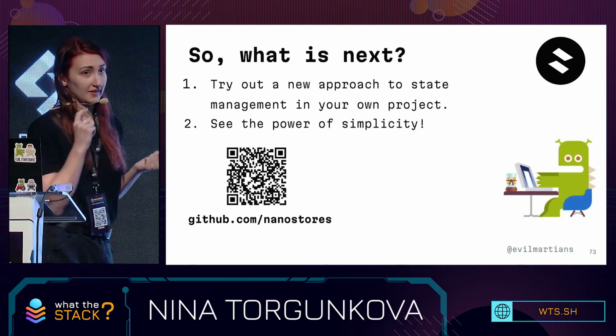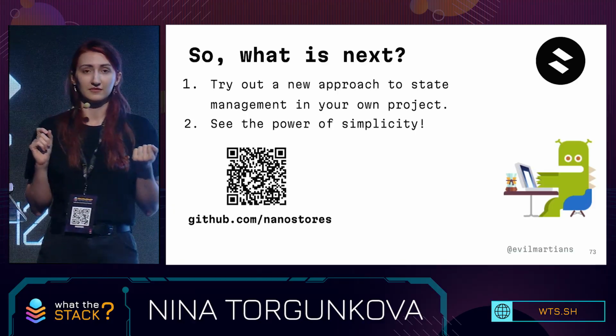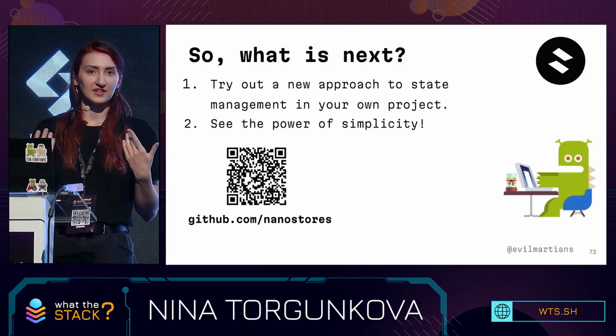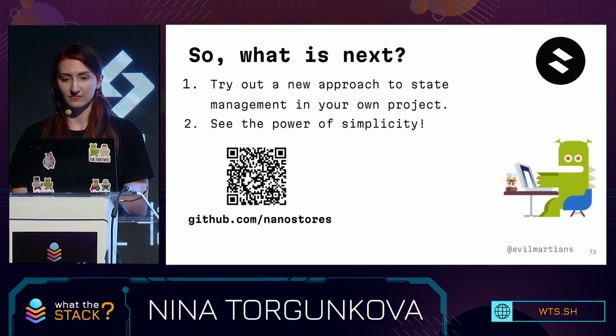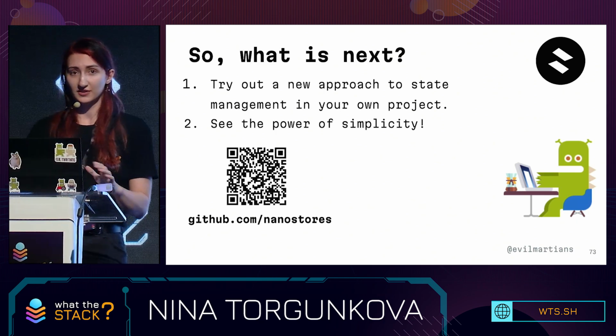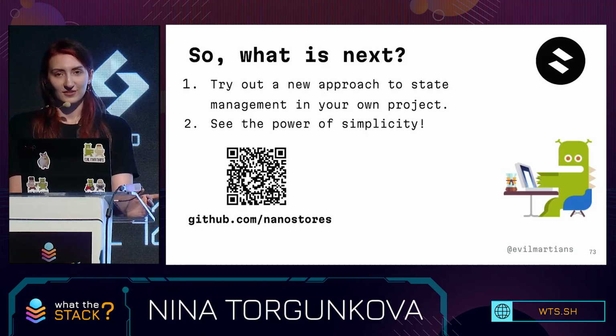We believe that moving to easy-to-understand processes is important and necessary. So when next time you understand that you want to use a state manager in your project, just try to find a minimalistic approach. And just in case, Nano Stores will be ready to help you with it.